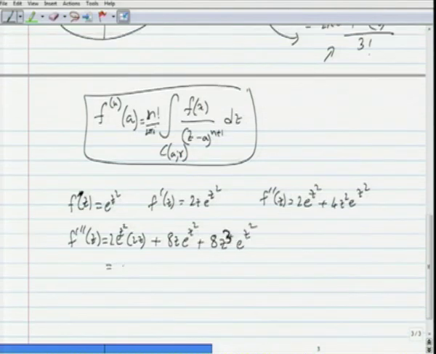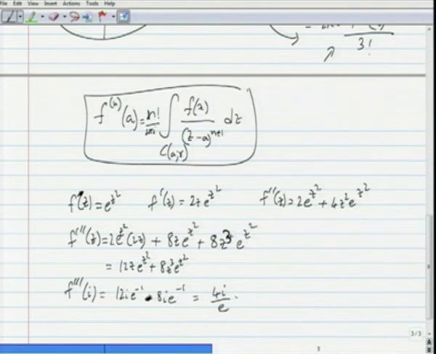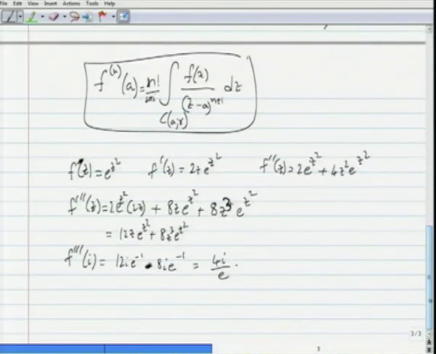So, 4 plus 8, 12z e power z squared plus 8 z cubed e power z squared. So, f triple prime at i is 12i e power minus 1 plus 8 times minus i, so this is minus 8i e power minus 1, which is 4i by e. So, that is your f triple prime of i.